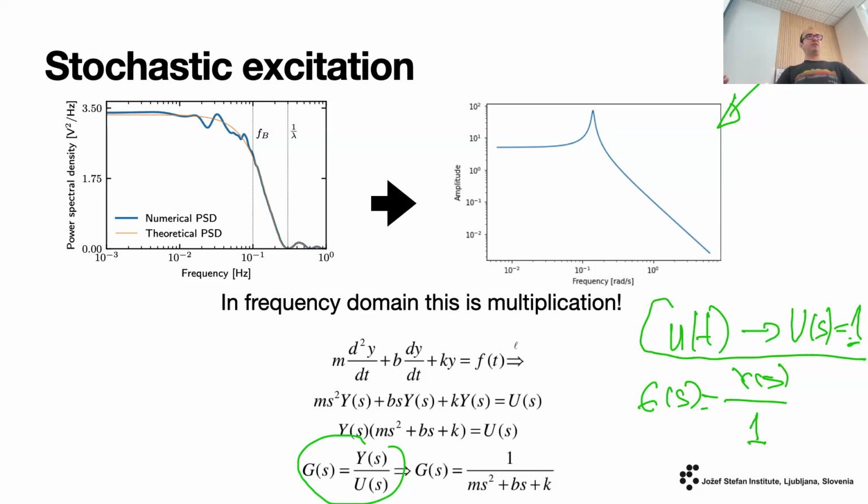I don't need to use multiple excitations. I can use only one of them. So the question is, is there a real signal that has such a Laplace transform? Yes, there is, and it's called a Dirac signal.